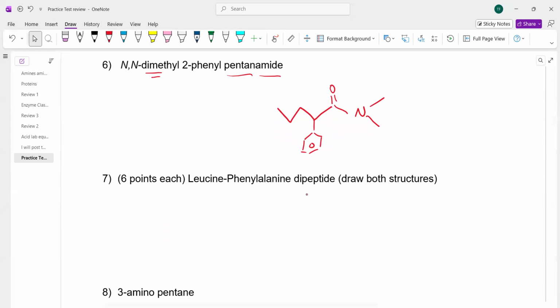Now, this one here, we've got a dipeptide, leucine phenylalanine, and it says draw both structures. Okay, if we synthesize this in a test tube, we're going to get a 50-50 mix of first the leucine, then the phenylalanine, and then also another 50% of the phenylalanine and the leucine. So let's draw the leucine first. I'm going to draw it as the zwitterion.